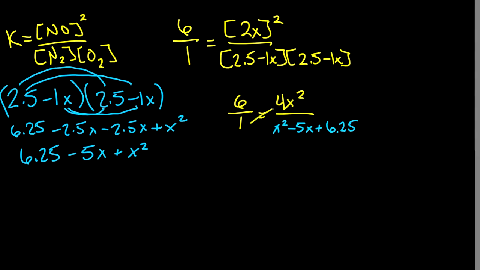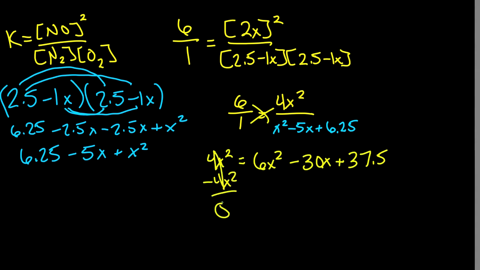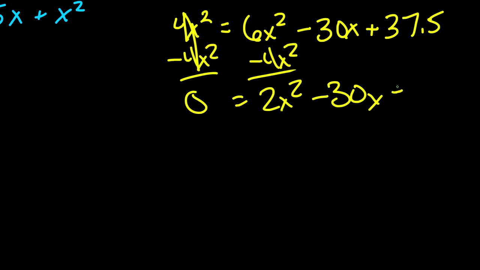Cross multiply. 1 times 4x squared, 6 times x squared is 6x squared. 6 times minus 5x is minus 30x. 6 times 6.25 is 37.5. Add like terms, minus 4x squared, that cancels, leaves me with 0 equals 2x squared minus 30x plus 37.5.